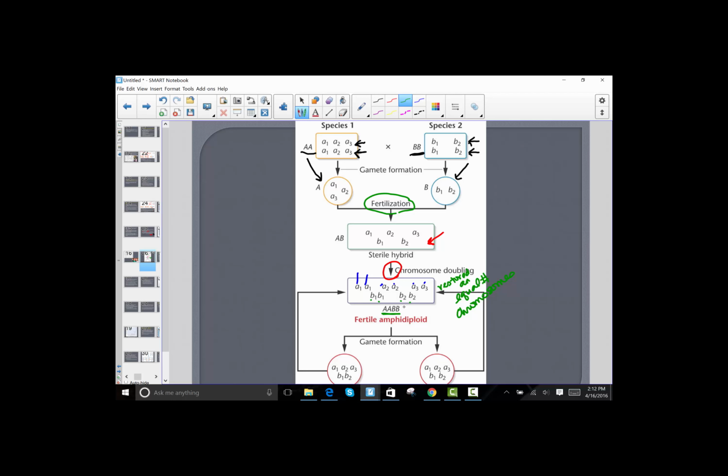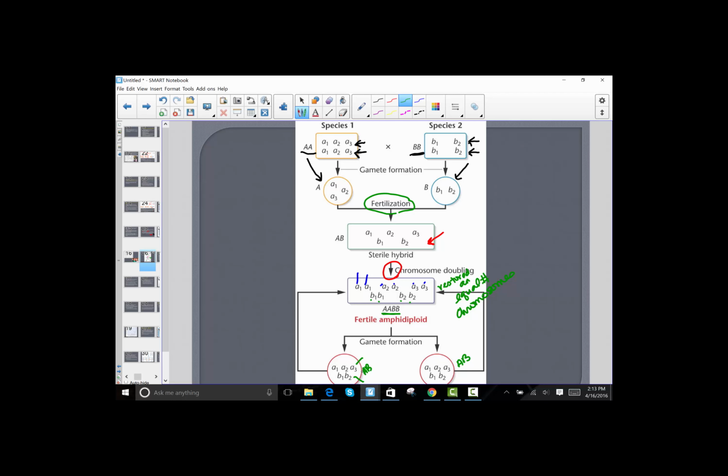Remember that the A chromosome set is from one species and the B chromosome set is from a second species. Now what can happen is that you can form equal gametes. Okay? So notice that this one is now A, B, and this one is now A, B, because we have a haploid complement of A and a haploid complement of B in each of those gametes.